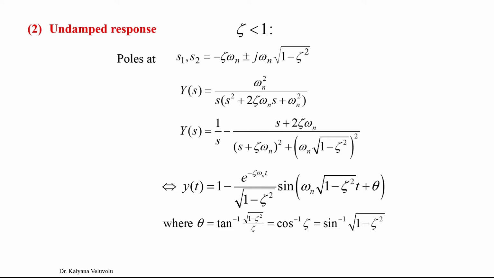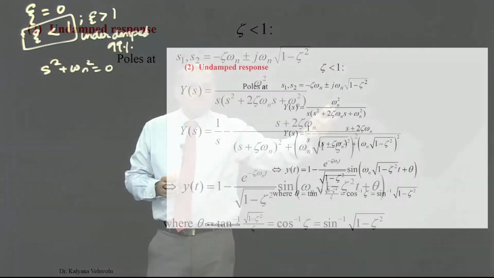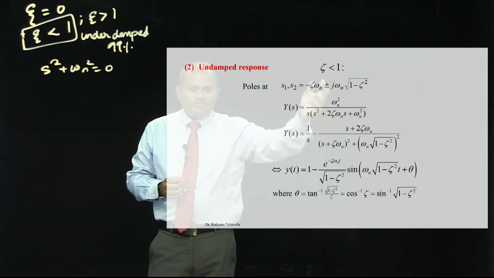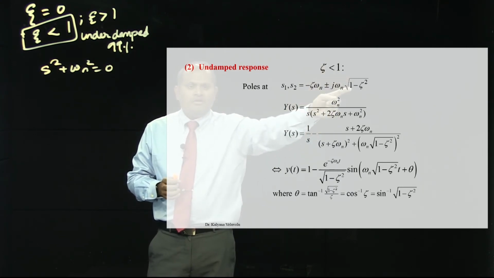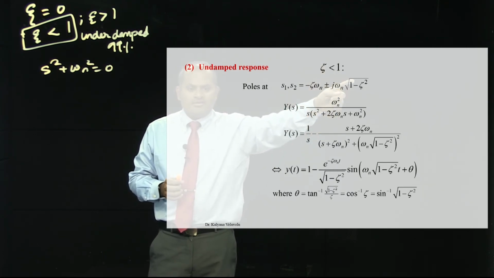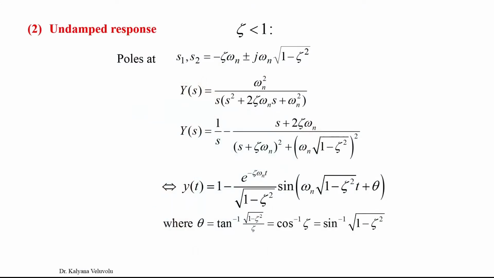So, when I say underdamped, eta is less than 1, so we can't ignore eta. So, our Y of s will be the full characteristic equation into 1 by s. The roots are in the natural form, minus eta omega n plus or minus j omega n into square root of 1 minus eta square. Now, I can try to break the system into partial fractions, 1 by s minus s plus 2 eta omega n by s plus eta omega n square plus omega n into 1 minus eta square.